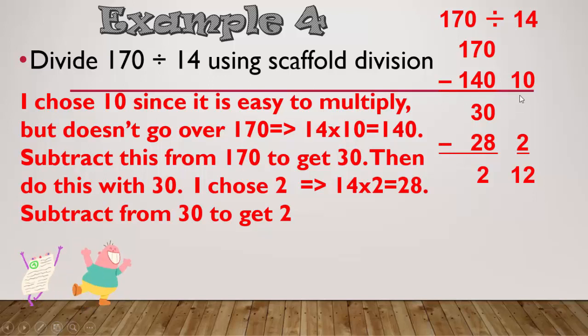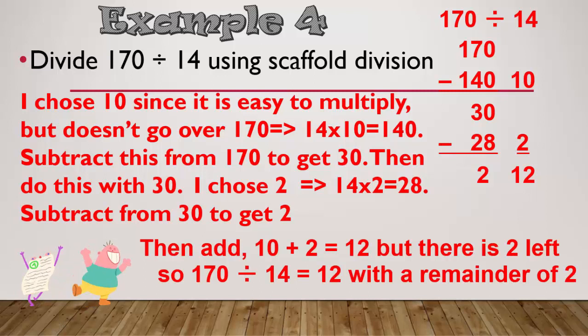Then I do this with 30. I choose 2. 2 times 14 gives me 28. I subtract 28 from 30. I get 2. And I put that 2 on the side that I multiplied by. So now I have 10 plus 2 is 12. But I have 2 left over. So that means that 170 divided by 14 is equal to 12 with a remainder of 2.